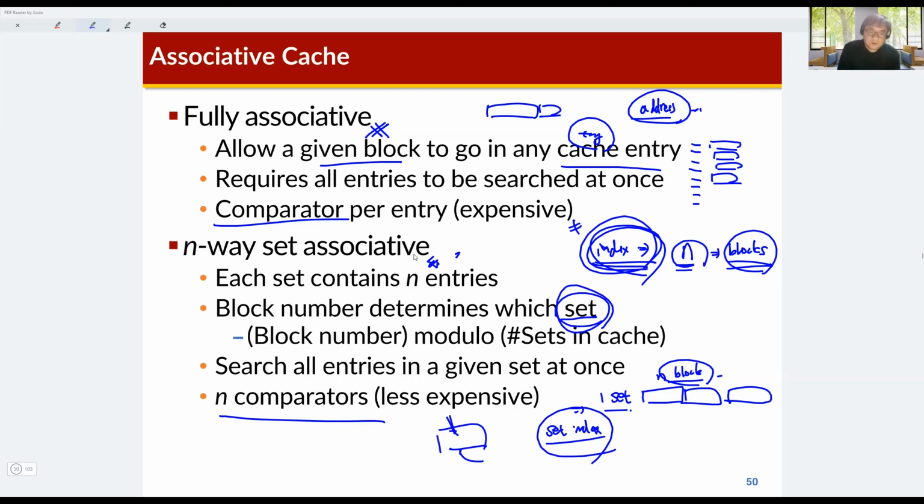The n-way set associative cache is less expensive than the fully associative cache because we just need n comparators.